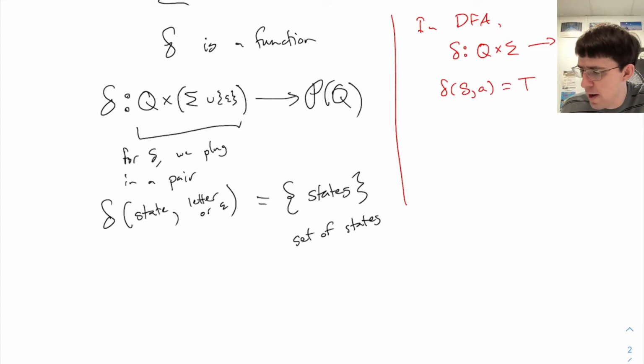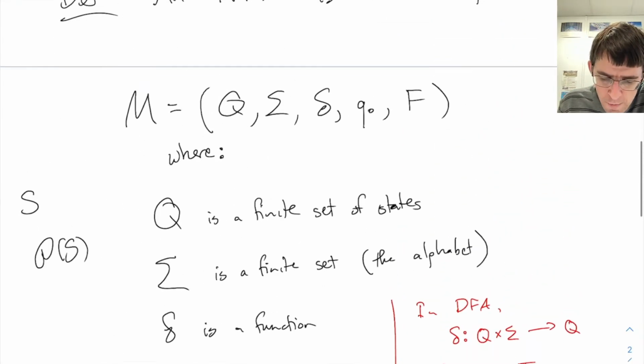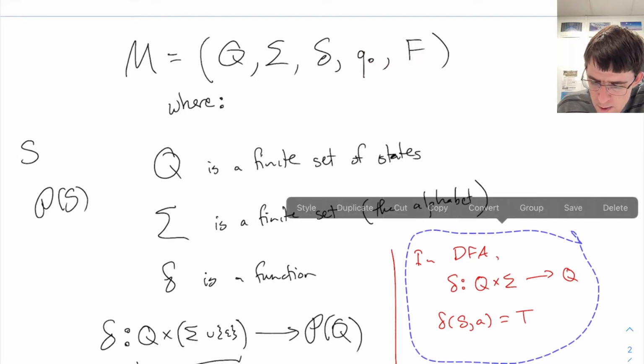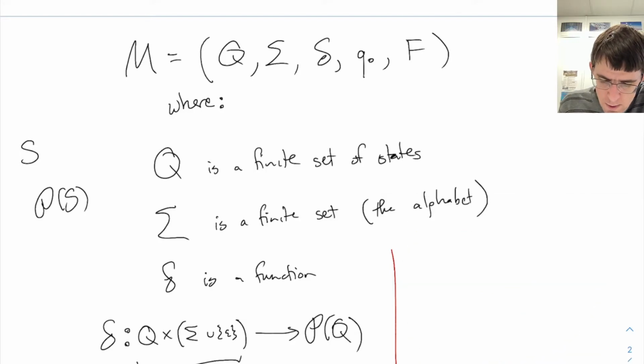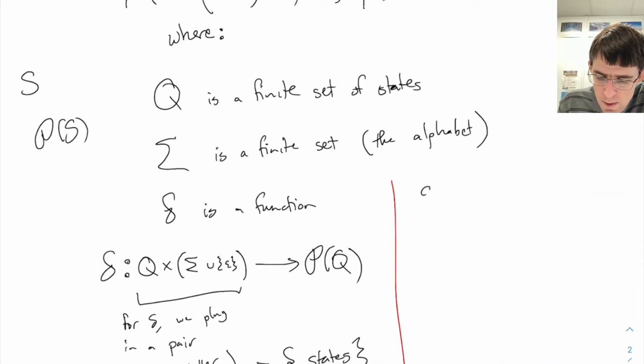Let's just try and do an example here. Oh, sorry, we should describe all 5 ingredients, right? I sort of got bogged down in the delta, which is the most complicated thing. Let me just for the sake of completeness fill this in. What are Q naught and F? Maybe I'll put them over here. Q naught is the starting state.